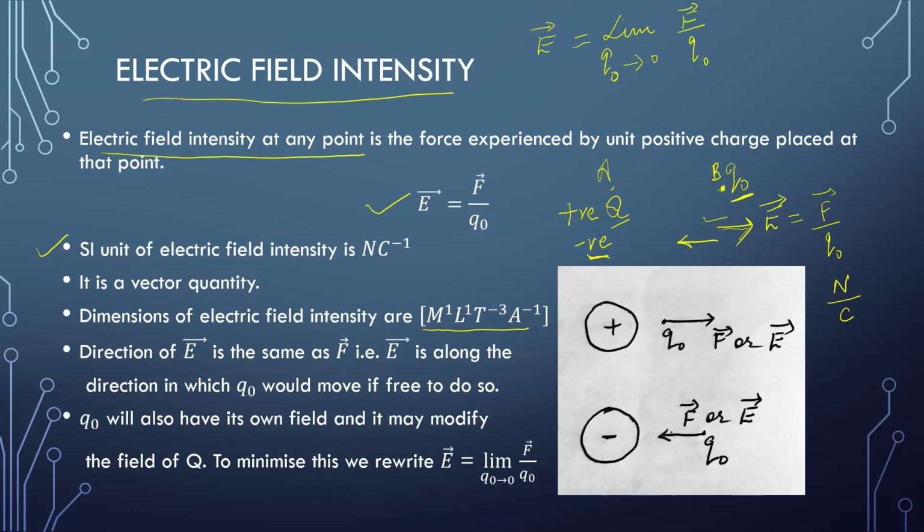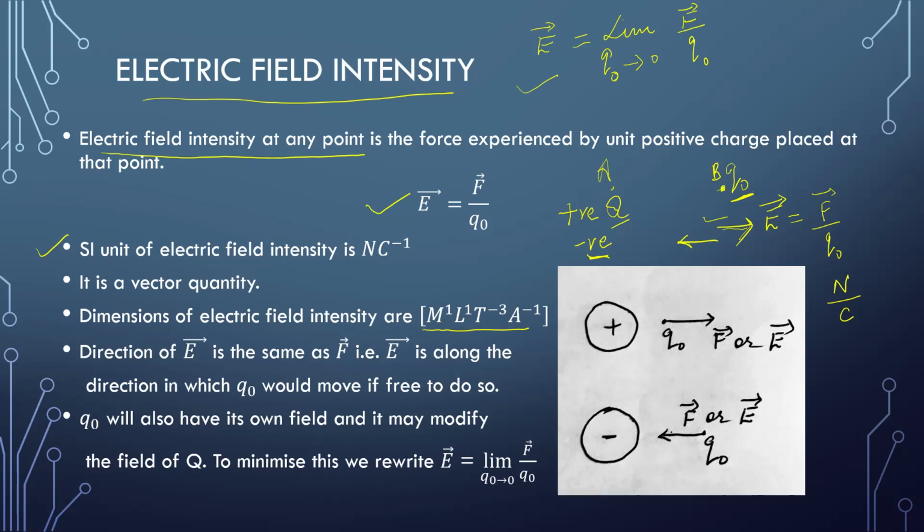So why do we write it as Q naught tending to 0? Because the test charge is not actually modifying the field of the source charge. That is why we are saying that it is very, very small, and that is why we write it down in this particular format.